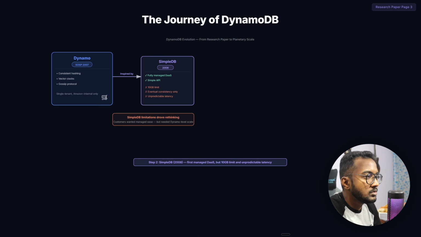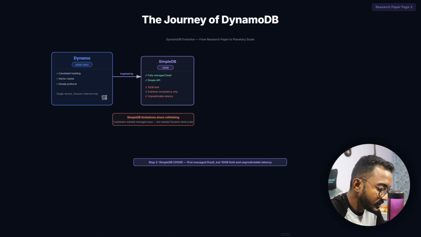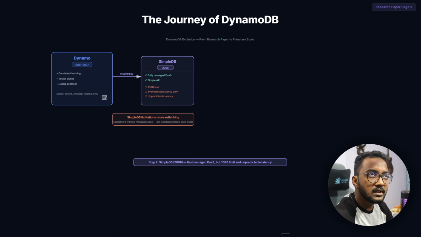Although people were not happy with it, they were very happy with the fact that they did not need to manage this particular DB. I think SimpleDB came somewhere around 2008. Because of the 10 GB limit on every table, developers used to split the data across tables to work around it, because of course you don't need to manage the tables. But again, it was bothersome.